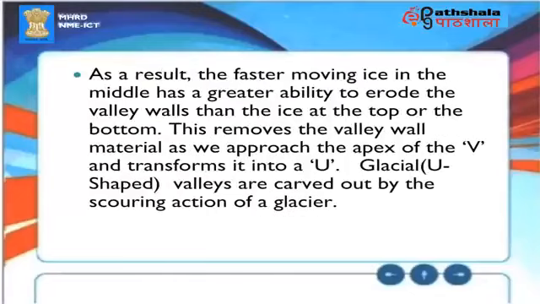As a result, the faster moving ice in the middle has a greater ability to erode the valley walls than the ice at the top or the bottom. This removes the valley wall material as we approach the apex of the V and transforms it into a U. Glacial U-shaped valleys are carved out by the scouring action of a glacier.